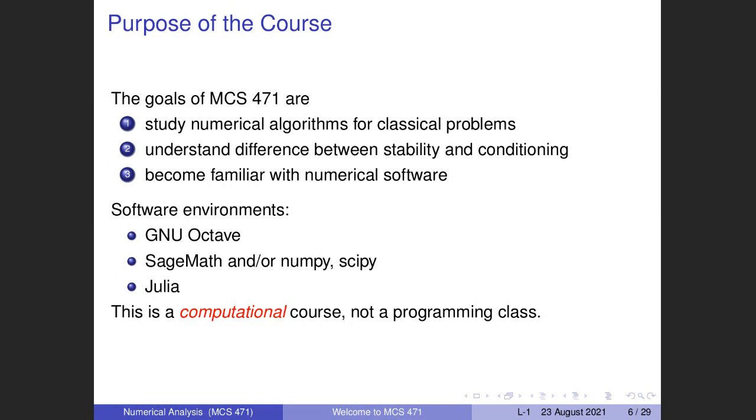The third bullet point is Julia. The middle software environment is there because of MCS 320. NumPy and SciPy are excellent for numerical analysis, but we will actually go into Julia in this course. The transition from Python to Julia should be smooth.